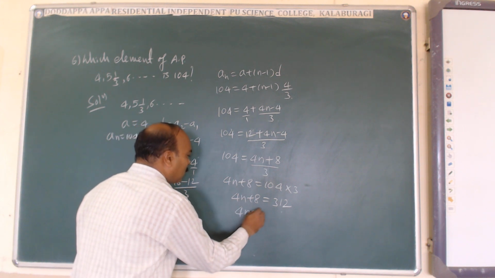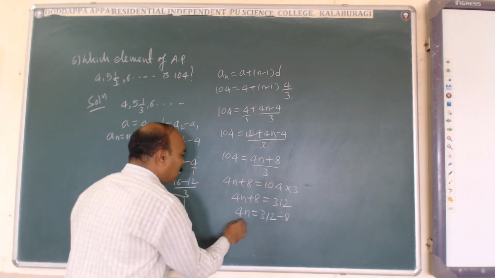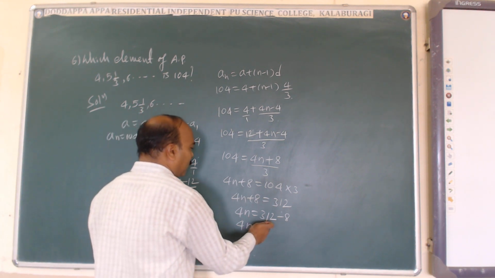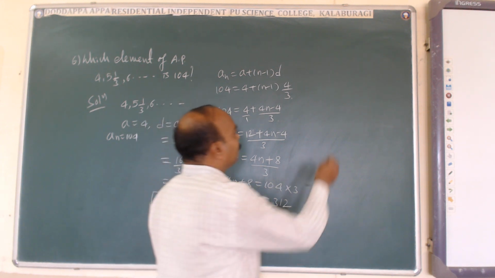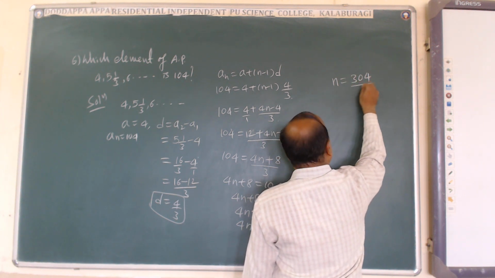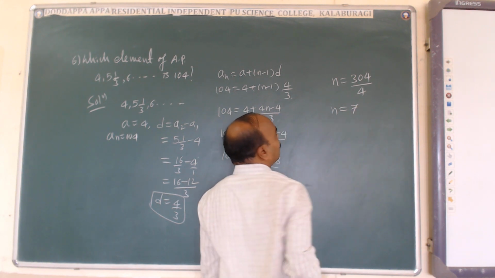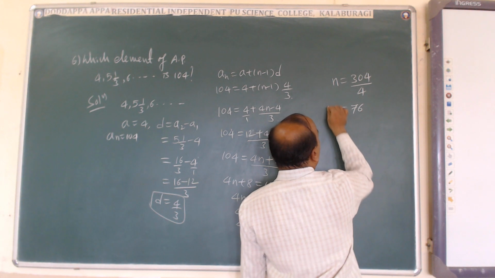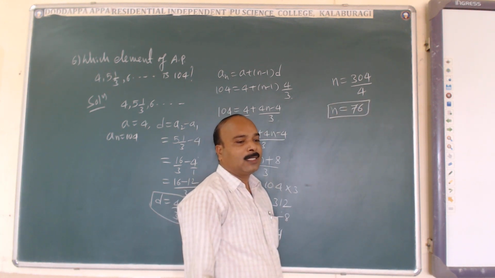So 4n equal to 312 minus 8, we are getting 304. Therefore n equal to 304 divided by 4. 4 sevens are 28, 2 remains, 4 sixes are 24. So the value of n equal to 76.